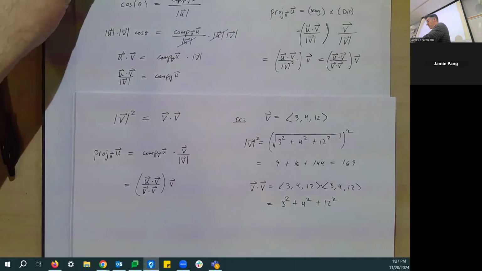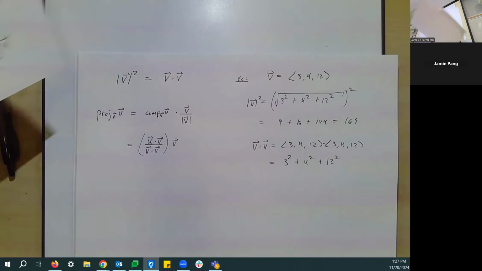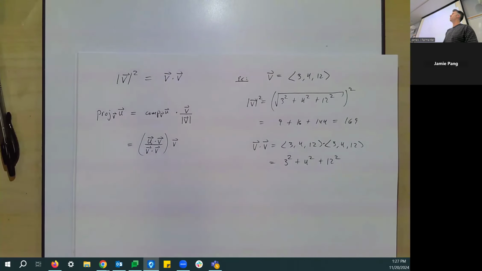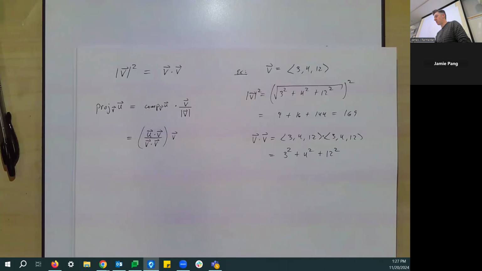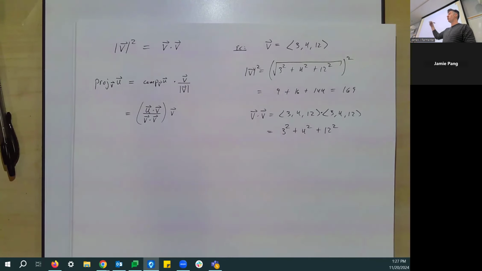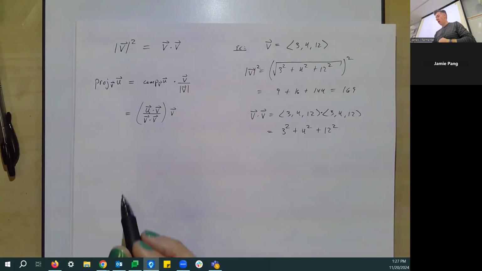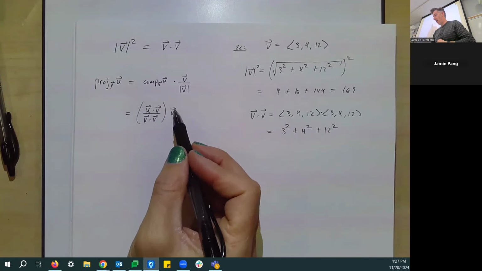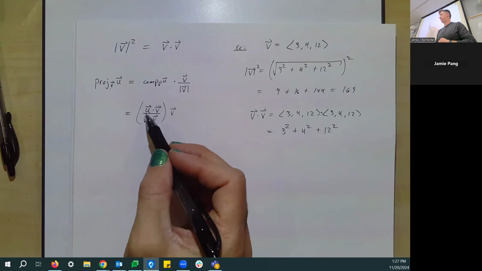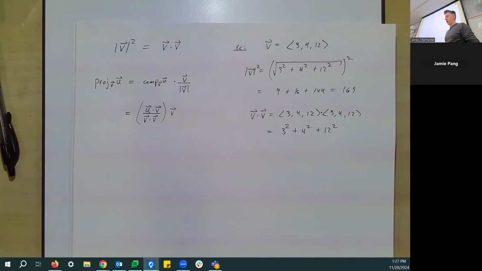Here's the way I like to think about this when I'm trying to remember what the formula is. Because it's always hard to be like, which one do I have more of? The u's or the v's? Well, basically, whichever one you're projecting onto is the one that you should be in the direction of. And that's the one you should have more of, right? If I'm projecting onto v, I better get a v here. That means all of these other ones, except for that one, have to be v. So the vector you're projecting onto is the one you're going to use a bunch of times. The vector you're projecting only shows up once in this particular formula.